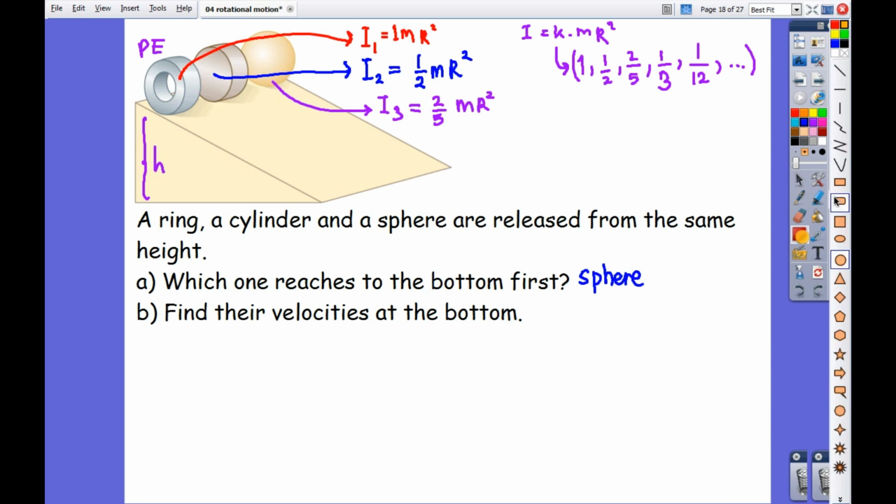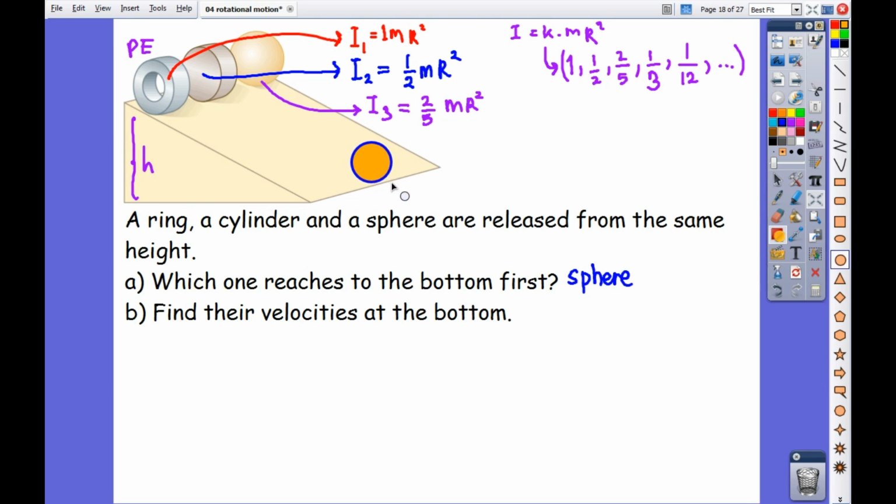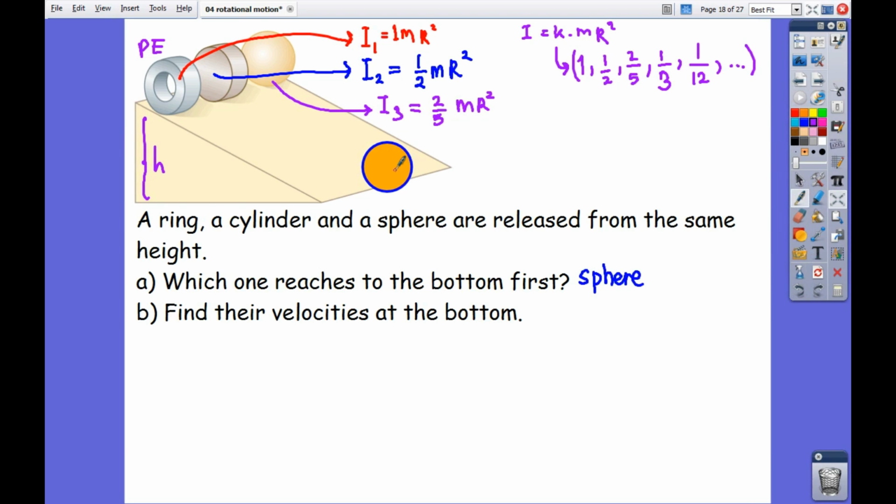At the bottom, the object rolls, and it is also having linear velocity. So at the bottom, the object has rotational kinetic energy and kinetic energy, but they don't have potential energy because it's already at the base of the inclined plane.